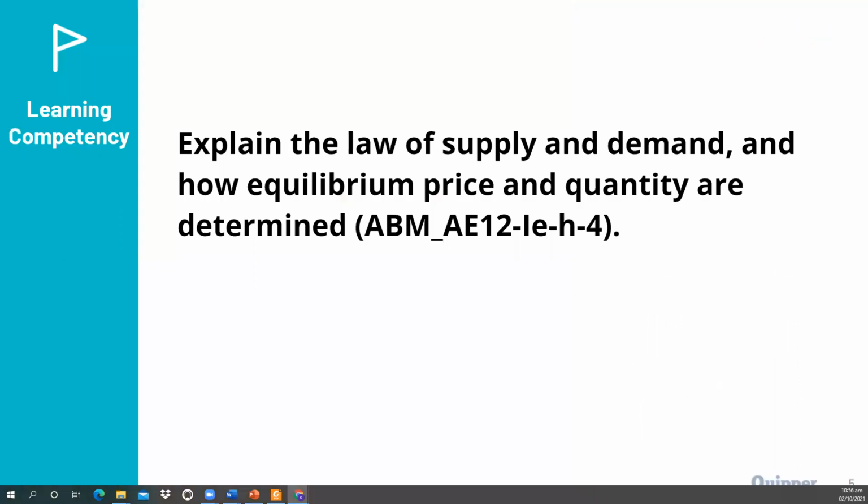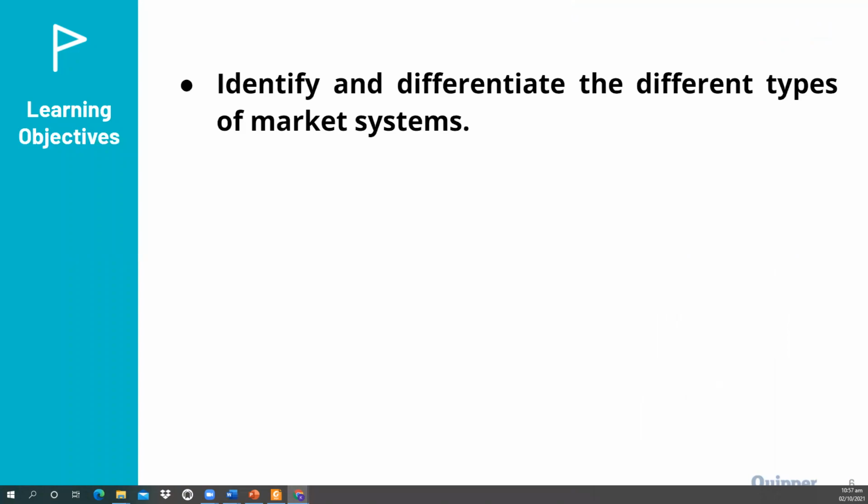Okay, so our learning competency for this lesson is to explain the law of supply and demand and how equilibrium price and quantity are determined. And another one is we should be able to identify and differentiate the different types of market system.